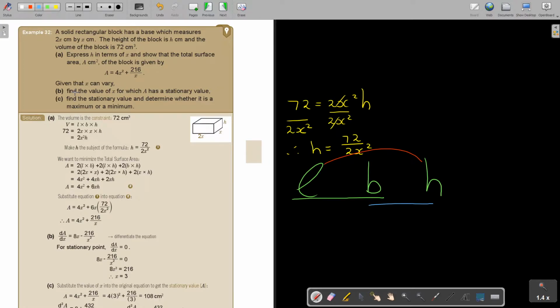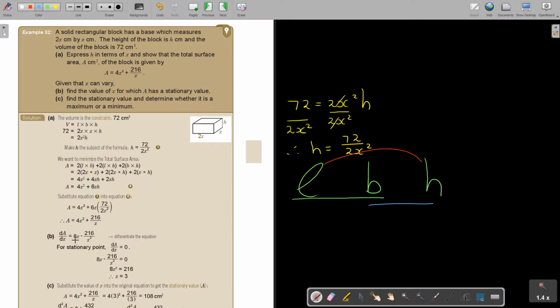This was just the formula that I got there. Now given that x can vary, find the value of x for which A has a stationary value. So I'm going to differentiate.